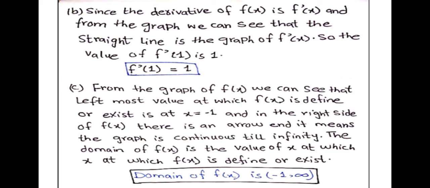So in part 3 we have to find the domain of that function, and from the graph of f(x) we can see that the leftmost value at which f(x) is defined or exists is at x equal to -1.